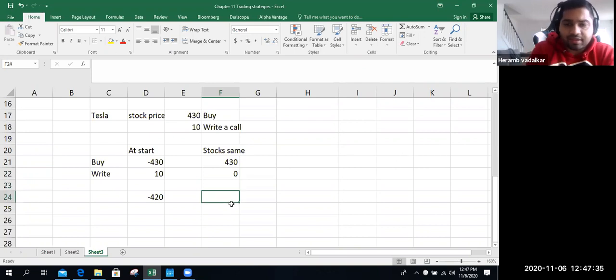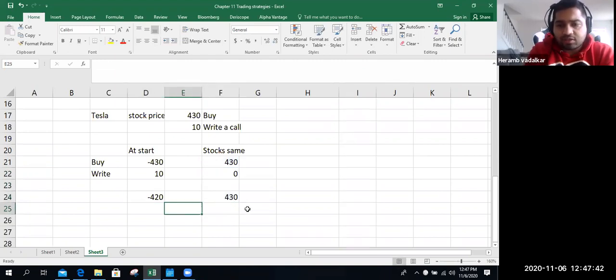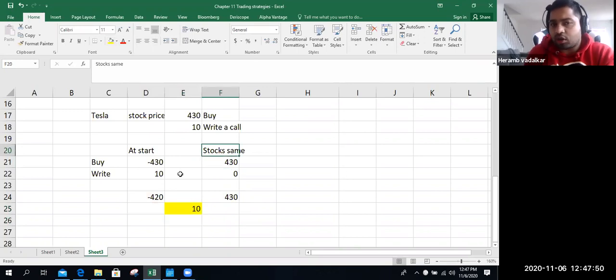No payouts from writers. So what will happen? You will make $10. Profit is $10. If stock remains same, all the premium that you pocketed, you get it.